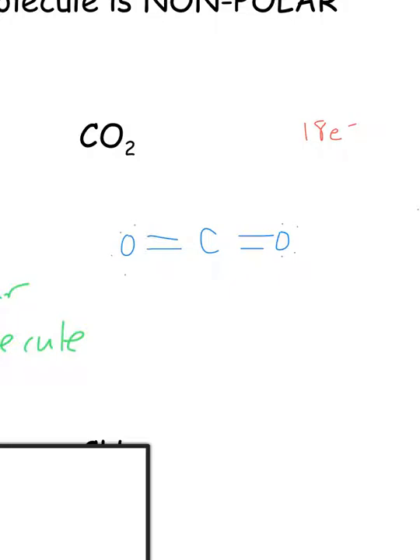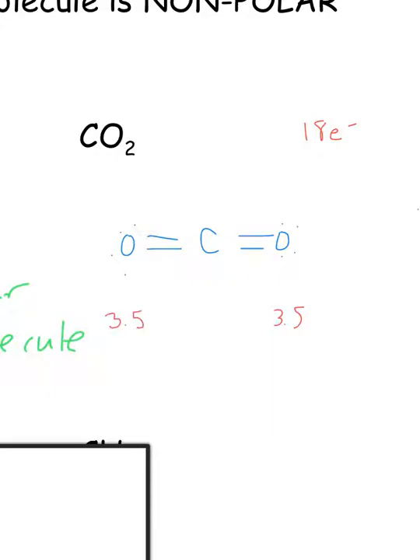There we go. And so investigating the electronegativities of carbon versus oxygen, take a minute to go ahead and assign carbon and oxygen their respective electronegativities. So I know that oxygen has an electronegativity of 3.5. That's true of each oxygen.